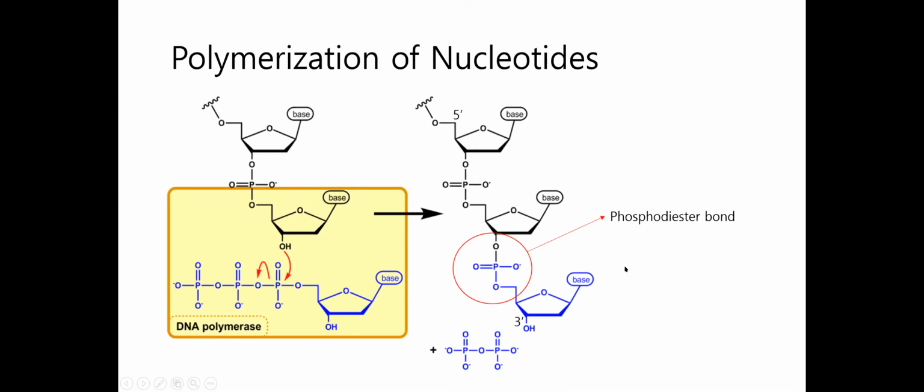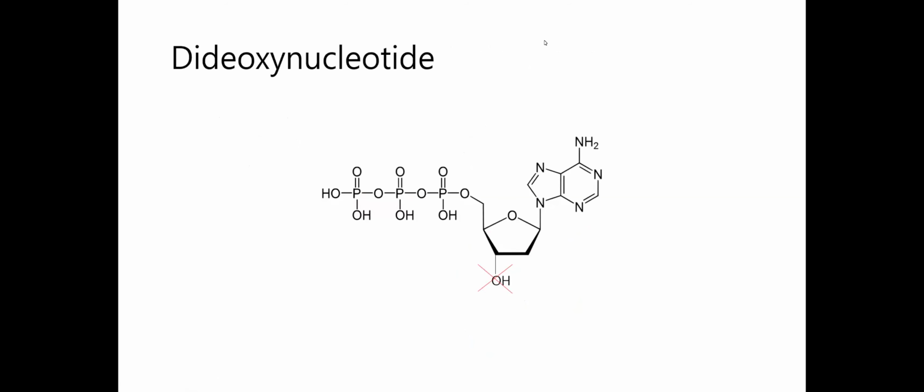And if the nucleotide doesn't have a hydroxyl group at 3', the polymerization can't continue. And that molecule is the dideoxynucleotide. Sanger sequencing uses these molecules to terminate the process and allow sequencing.